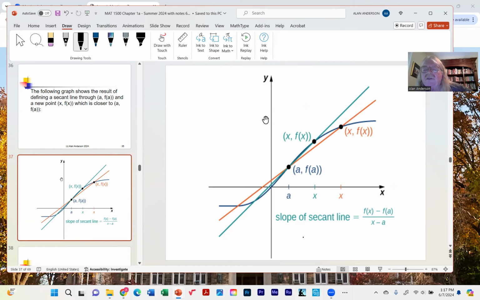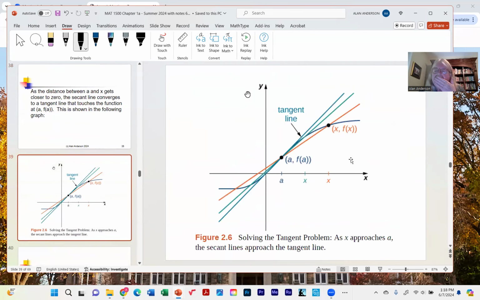So by moving the X over closer to A, this secant line is a better fit to the function. And so what we have to visualize is that we're shrinking up the distance between these two and drawing new secant lines. Eventually, when we get close enough, this secant line will actually represent the slope of the curve.